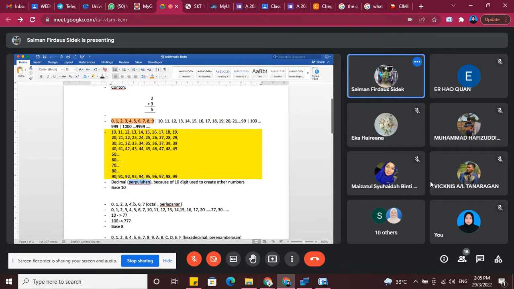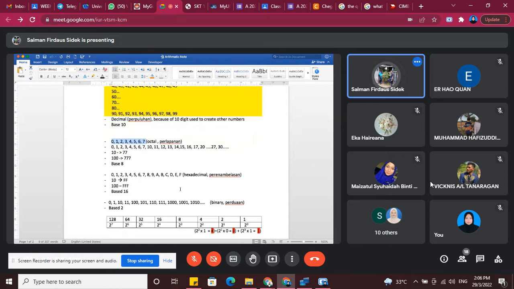Then we have the octal system. The name came from the number of digits in the system, which is only 8 digits, starting from 0 to 7, without 8 and 9. And we have hexadecimal, which consists of 16 digits, starting from 0 to F.